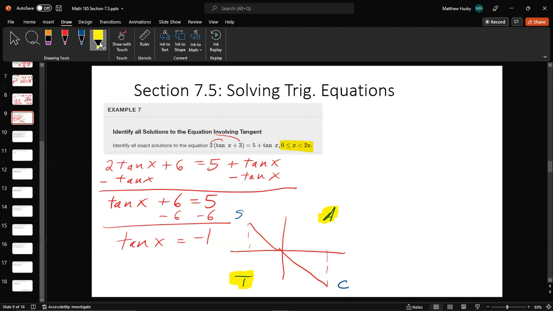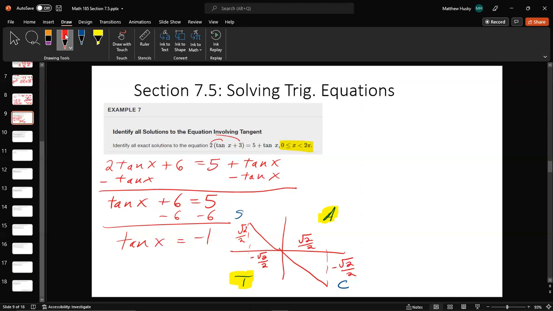And this is going to be where tangent is negative. This is going to be √2/2, and then a negative √2/2 for the x's. Alternatively, this is √2/2 with a negative √2/2 for the y's. And either way you do it, if you have a negative and a positive being divided, your answer is negative.